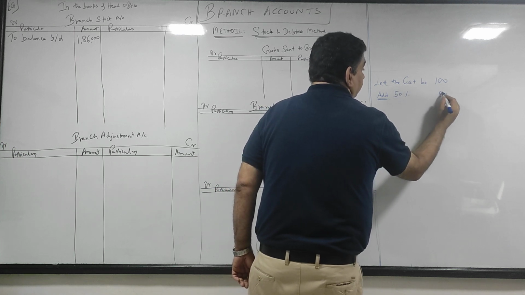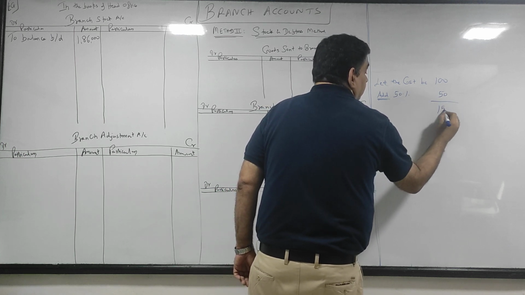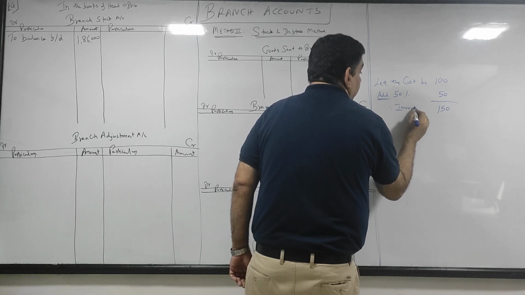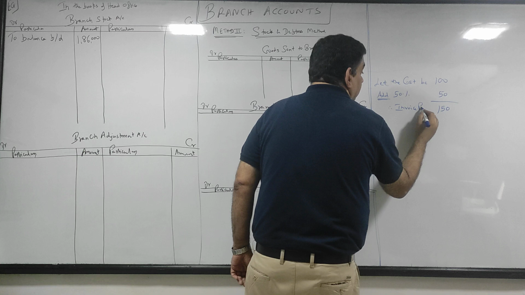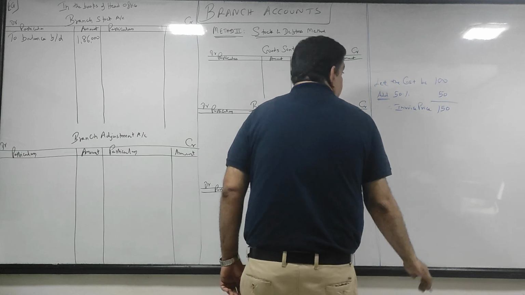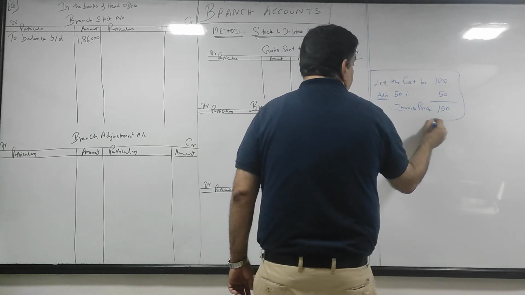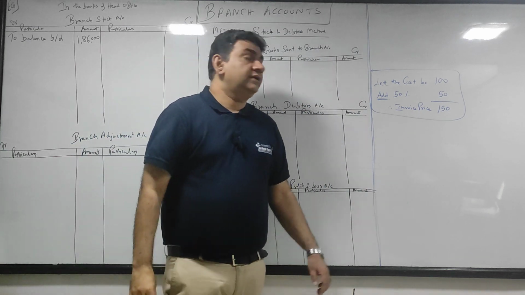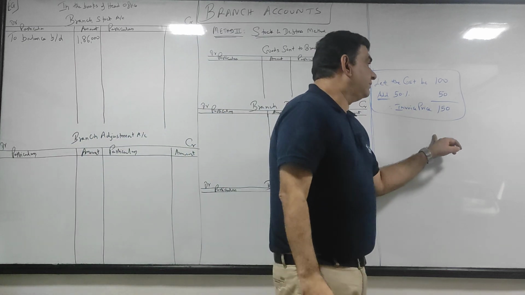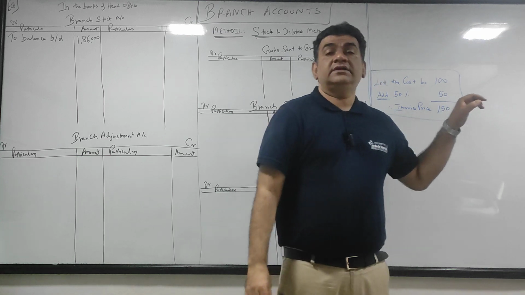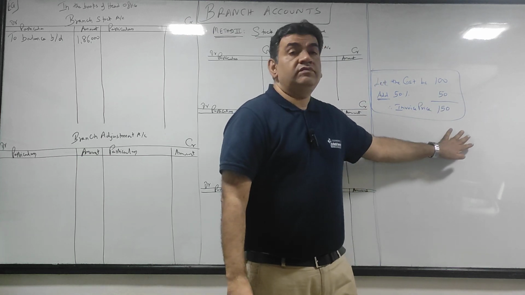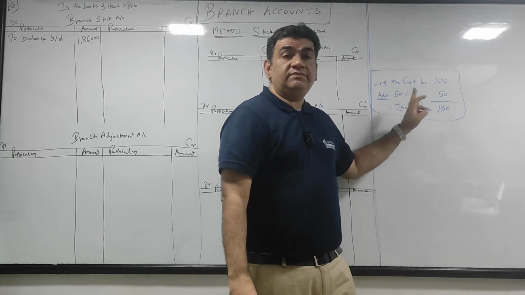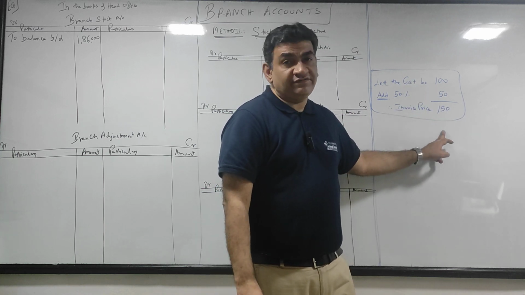Add 50%, so 100 plus 50, 150 is my invoice price. Cost is 100, at profit 50%, 100 plus 50. So my invoice price is 150.